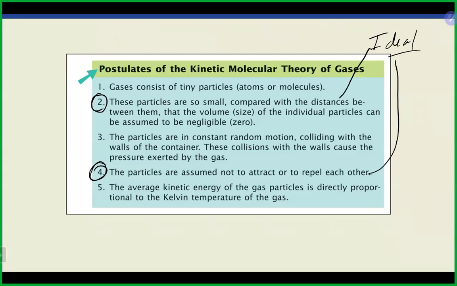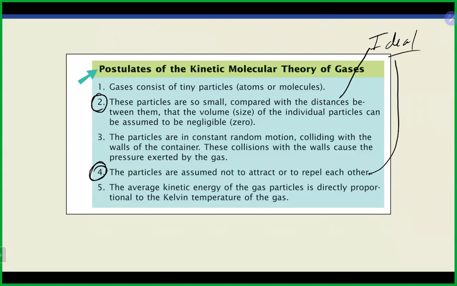Now, real gases, which you'll learn about in 1A, are non-ideal gases, and you actually do have to take into account those two things, number 2 and number 4. That occurs at really high pressures and really low temperatures. Under normal pressures and temperatures, most gases will behave ideally.